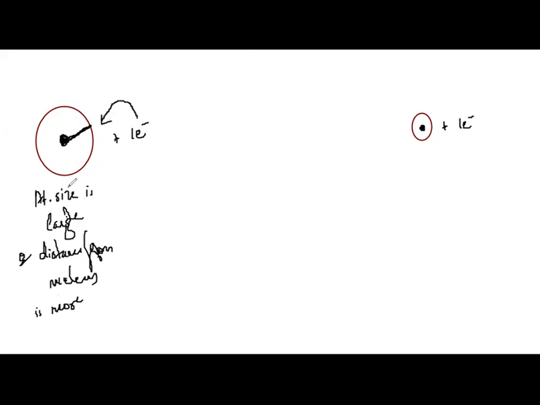Yes or no? Because the atomic size is large. So since it cannot attract the electron very easily, I have to put some energy, or forcibly put this electron into the atom. I should forcibly make this atom gain this electron. At that time it will form an anion. But here, with the absorption of large amount of energy, it will form an anion. Understood? Therefore, in this case, I say the process is endothermic.